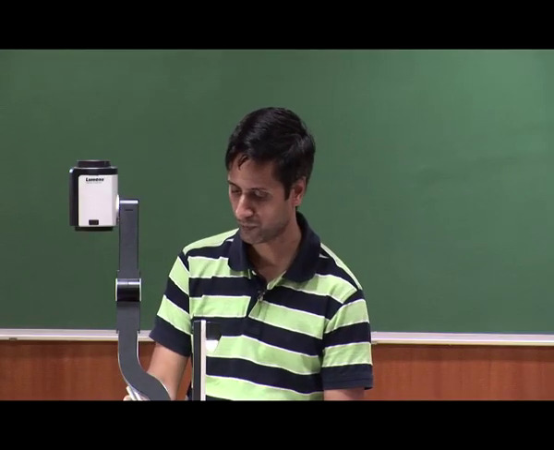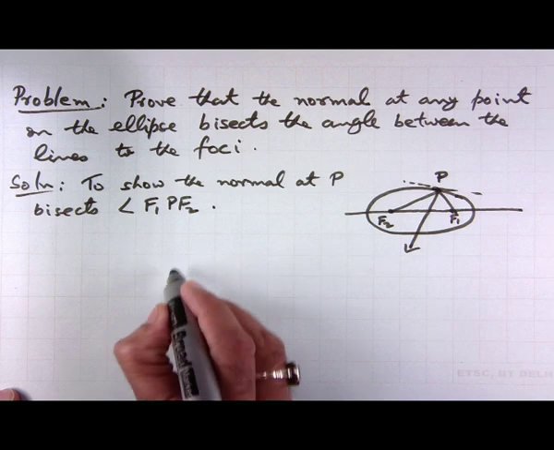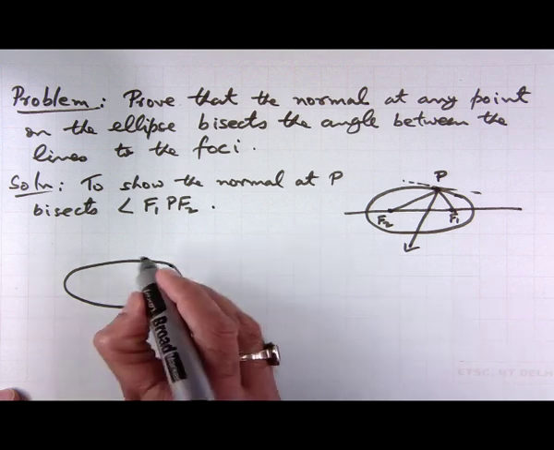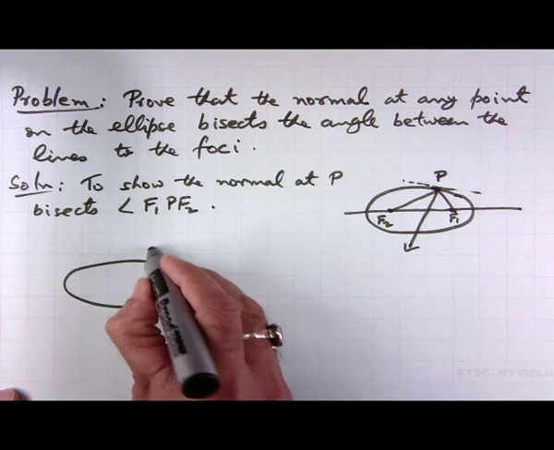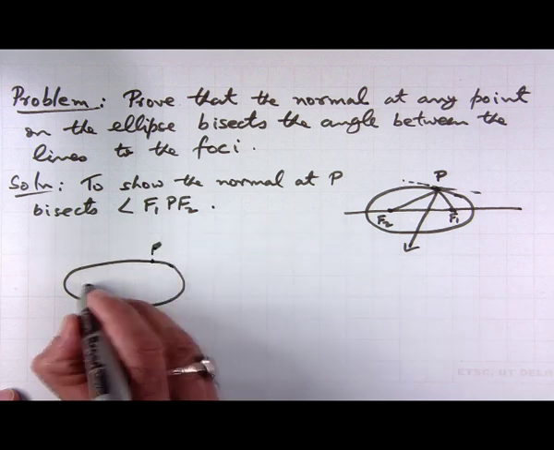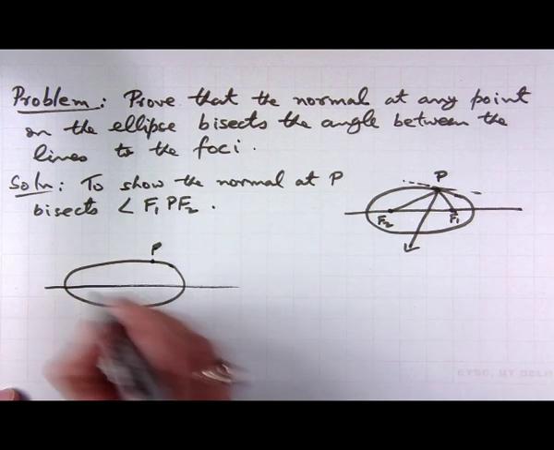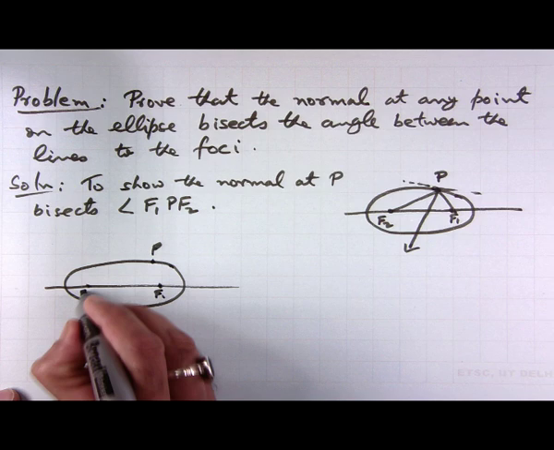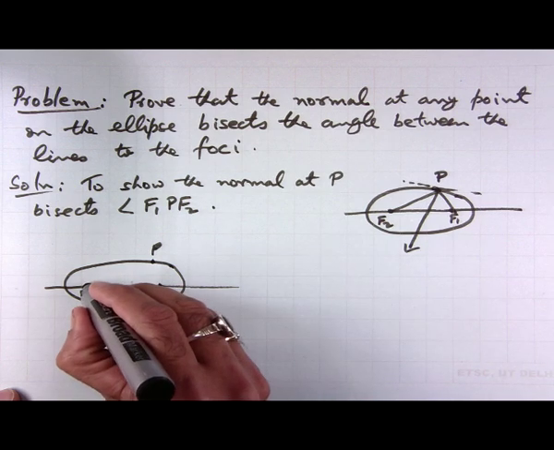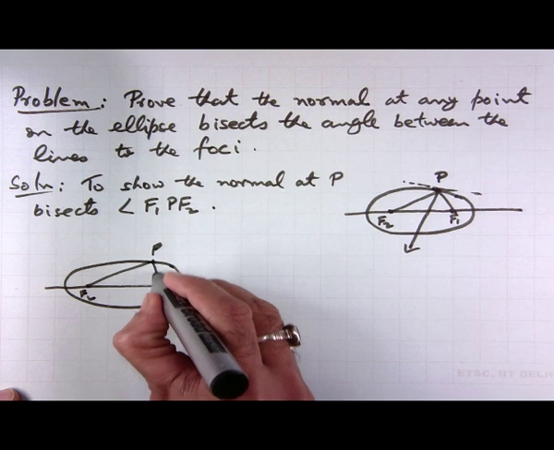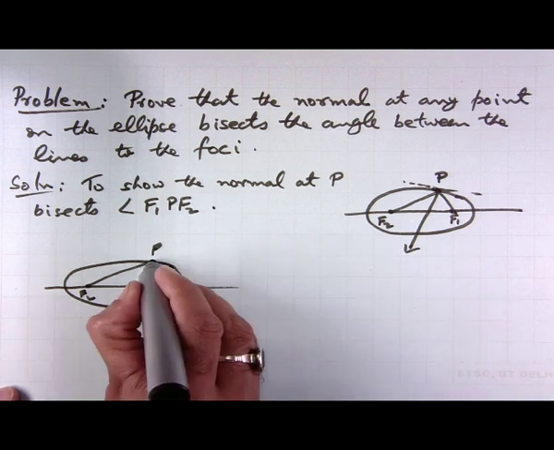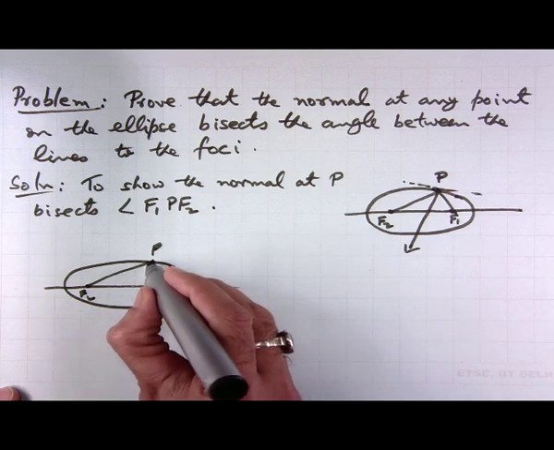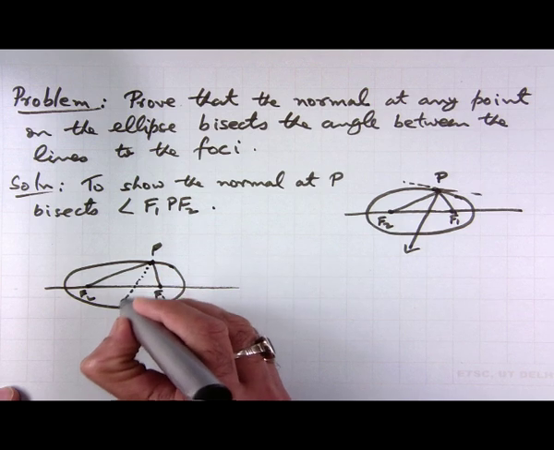So, what we will do is look at this ellipse and the point P and the two foci F1 and F2. Let us look at the angle bisector of this.